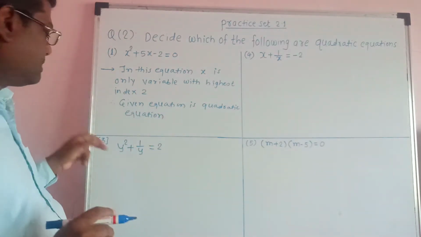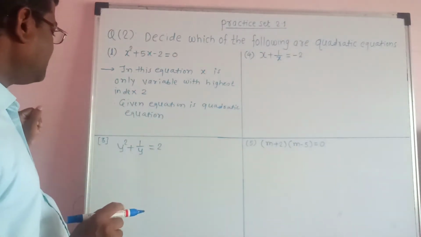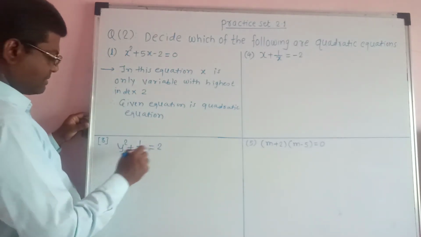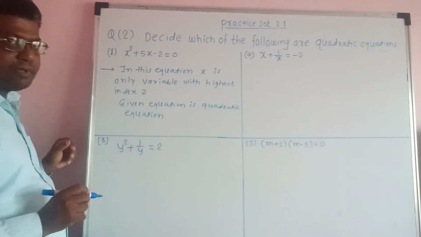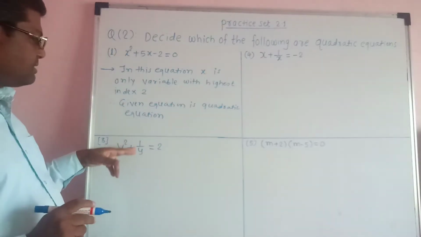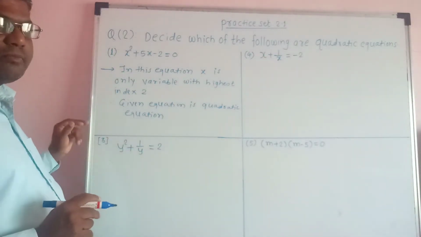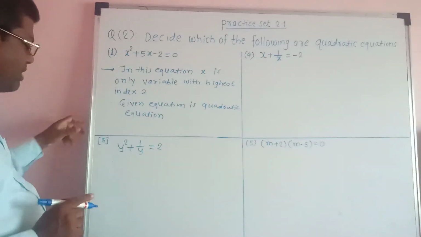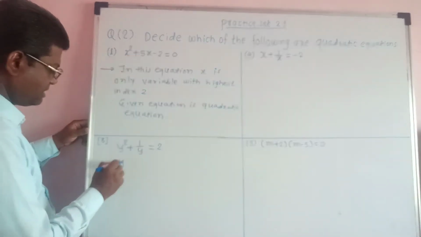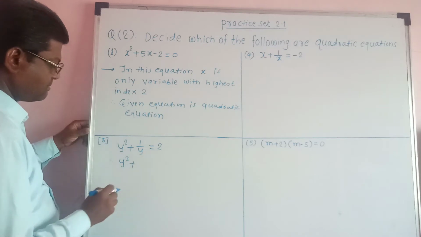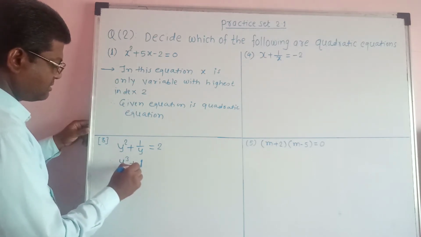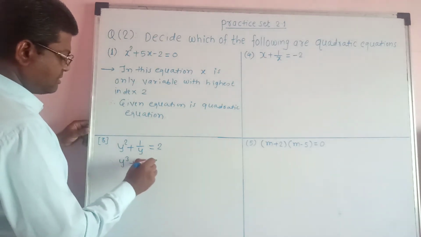Now let us see example number 3. Example number 3 is y square plus 1 upon y is equal to 2. Multiply both the sides of the equation by y. Therefore, we get y cube plus 1 is equal to 2y.